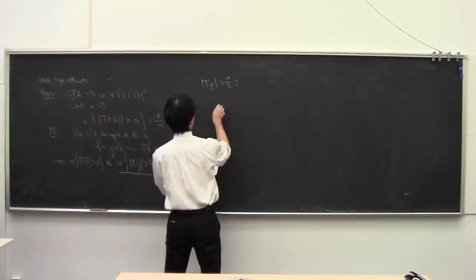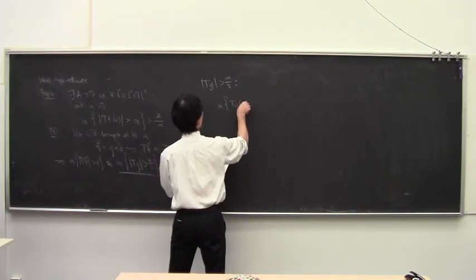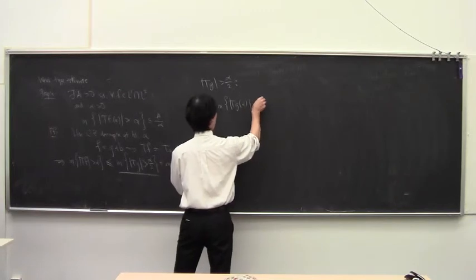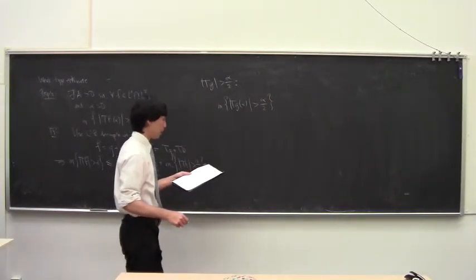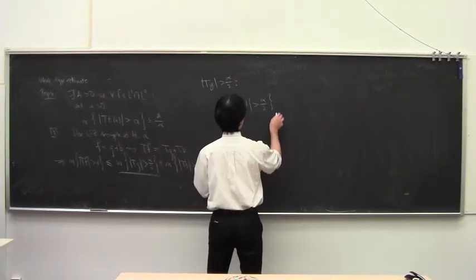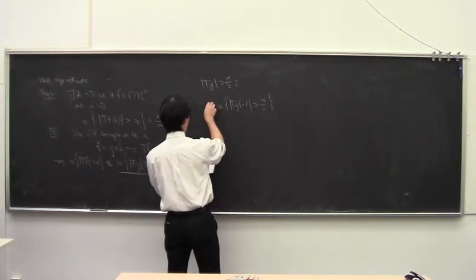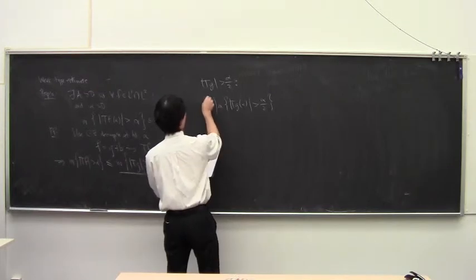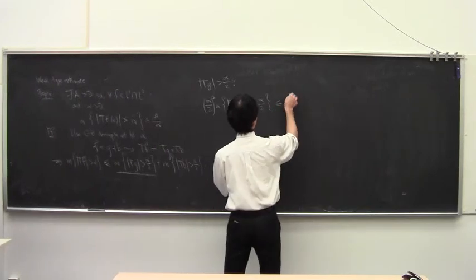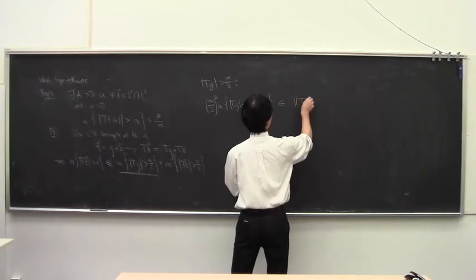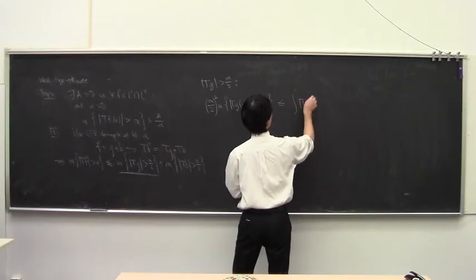So if we look at this set, where this is bigger than alpha over 2, we know by that, if we multiply this thing by alpha over 2 squared, then that's controlled by the L2 norm of g squared.